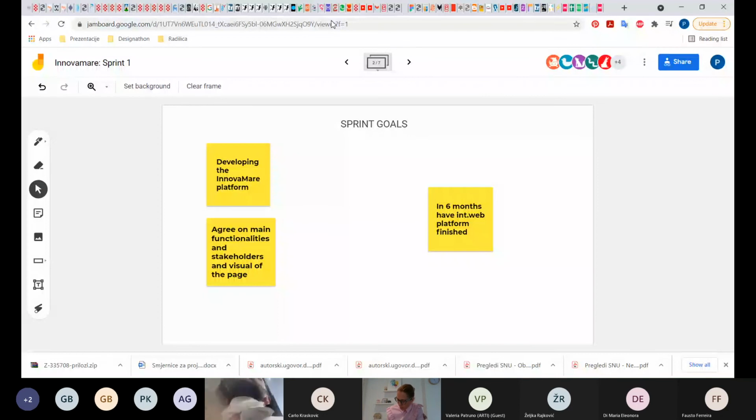So basically, we'll phrase it and I will put it on the Jamboard. Will we have resources, like human, to manage the platform? Because this is a big risk.